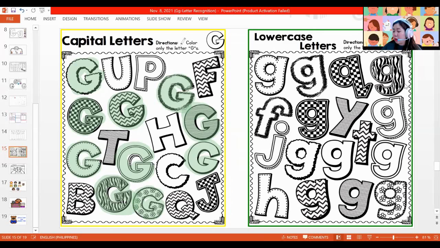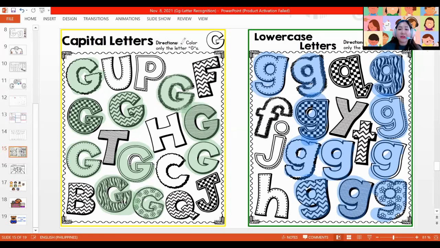So let's color lowercase letter G. Lowercase letter G. There's a lot of lowercase letter G here. Okay, we found all of them. Finish also. Very nice. So we found capital and lowercase letter G.